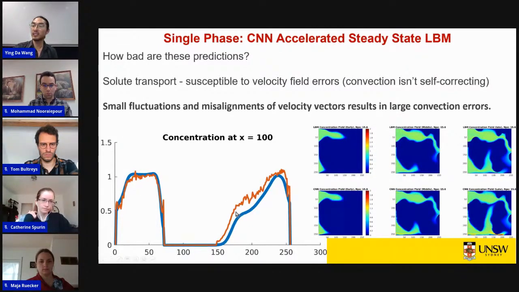You can clearly see that minor fluctuations in the predicted velocity field will ultimately result in rather large deviations in, for example, concentration profiles, because concentration profiles don't self-correct during the solution process. Any errors due to the underlying velocity field are compounded as the simulation progresses.